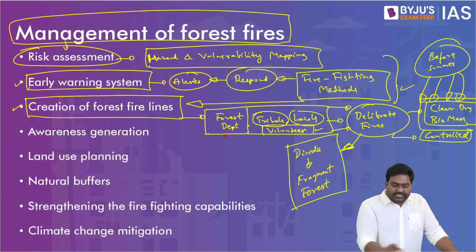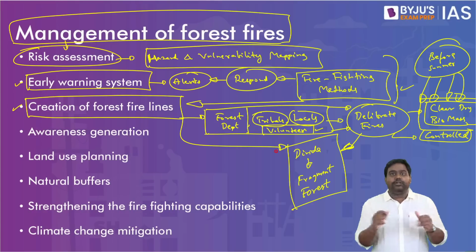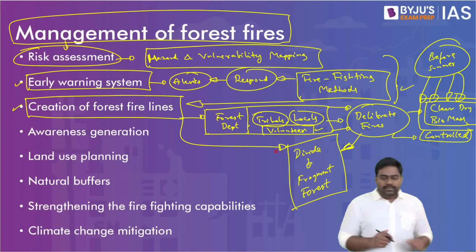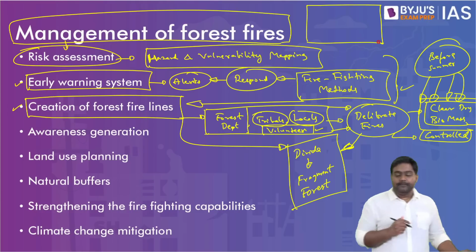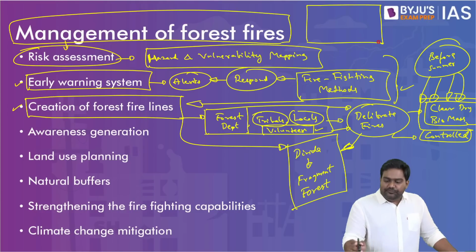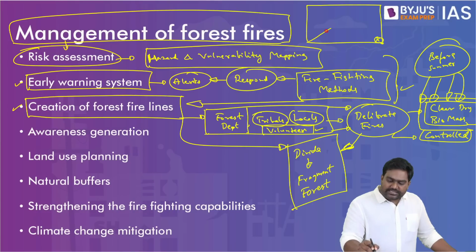The other method is creating these fire lines, forest fire lines, which fragments the forest, divides the forest. Now, for example, assume that this rectangle is a forest area. Now, if fire starts in this corner, without any intervention, it will spread across the entire forest and burn the entire forest. Now, what the forest department does is that it will create these fire lines.